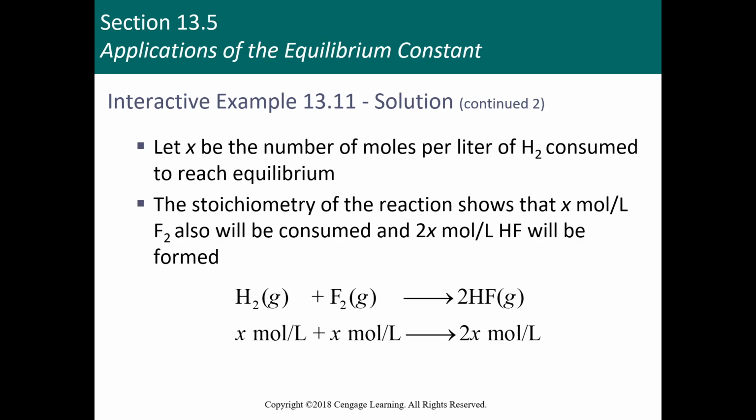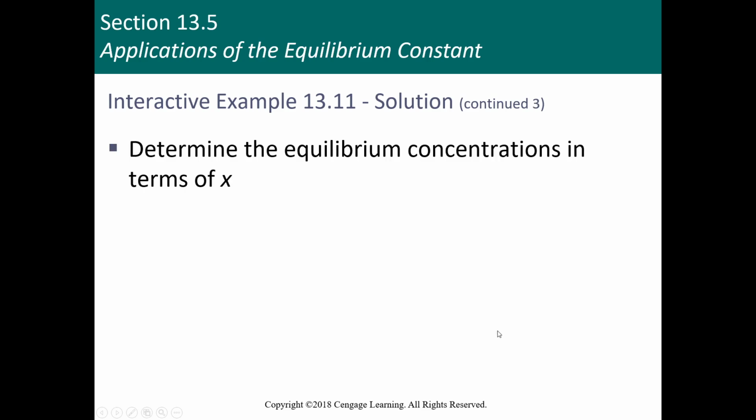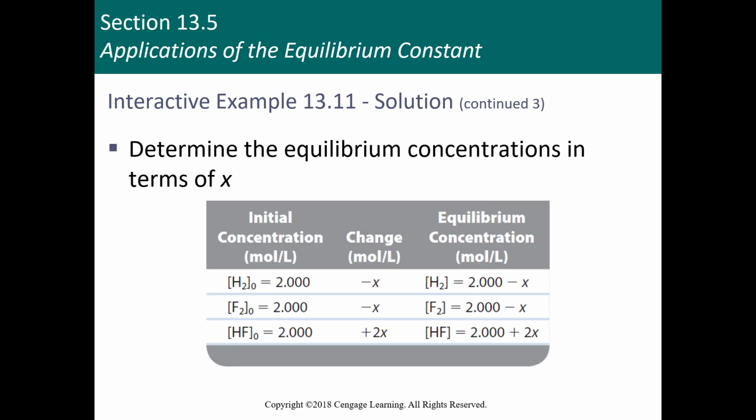All right, so right there we see the example. This would be the change of the molarities. We will consume x from each of these. We will make 2x of this. So right here we see our initial, change, equilibrium. It's flipped from the table that I would normally have you write.